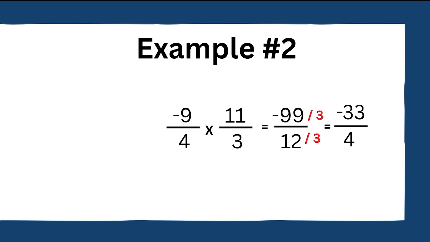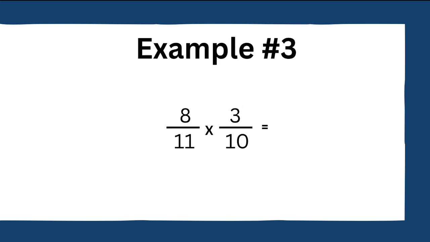So 4 can go into negative 33 8 times, which would be 32, and I would have 1 left over, so I put my remainder as the numerator, and of course I keep my denominator the same. And this is a mixed fraction. So now I have negative 8 and 1 over 4. And it's a negative because that 33 was the bigger number, and we drop our negative, of course. So make sure you don't forget that.